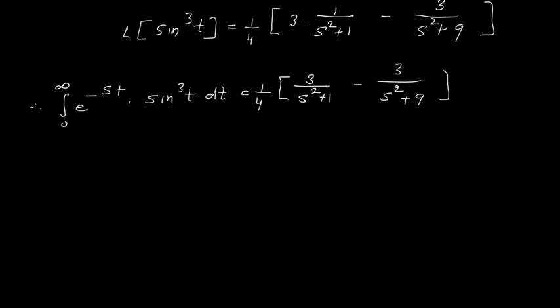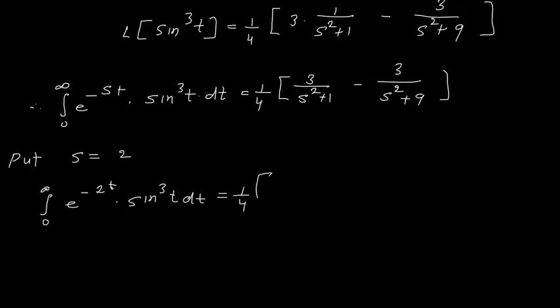So if I replace, put s is equals to 2, we get 0 to infinity e power minus 2t into sine cube t dt. I will get this equals to 1 upon 4. Now here also in place of s I will put 2. So this will become 3 upon 2 square plus 1 minus 3 upon, in place of s I am putting 2, so this is 2 square plus 9.